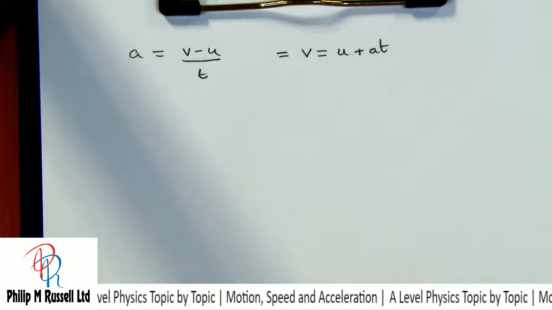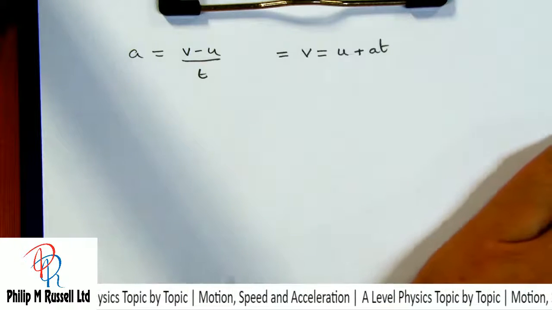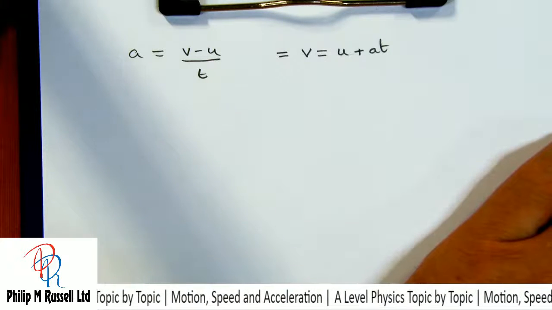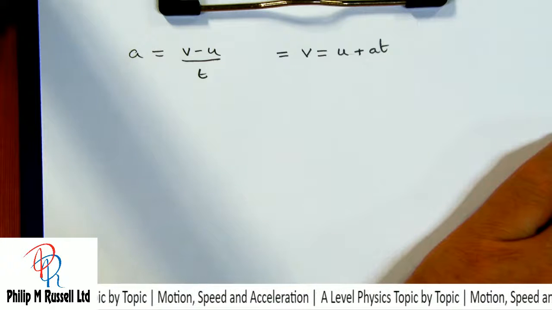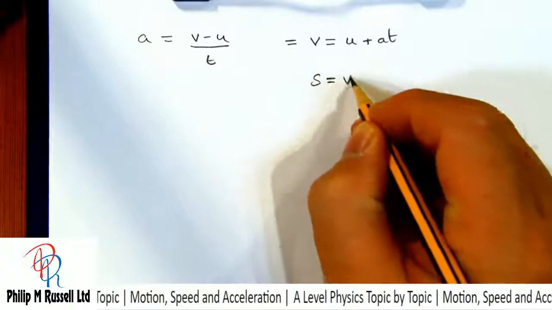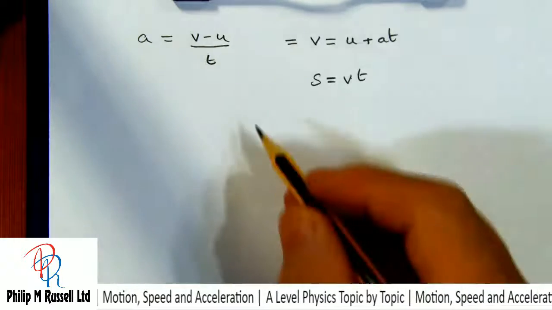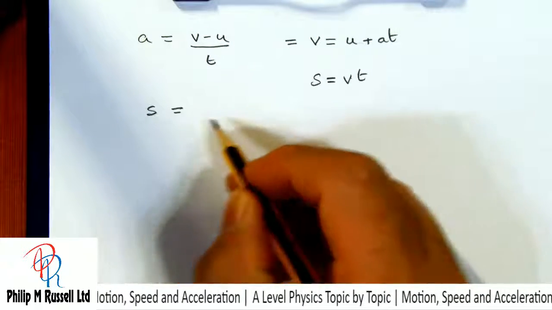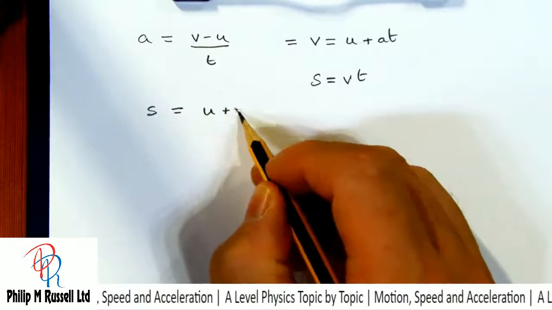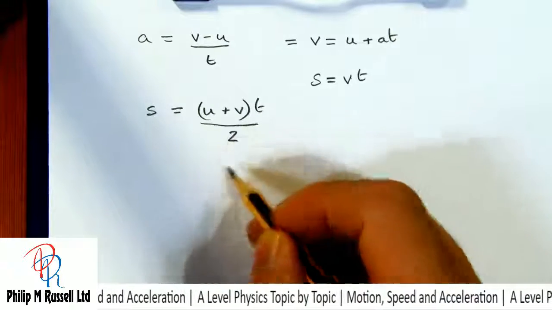Now we know that displacement, the s, the distance travelled, is the average velocity times the time taken. And because we know that, and we know that s equals vt, then we can get that s is going to equal u plus v times t divided by 2.